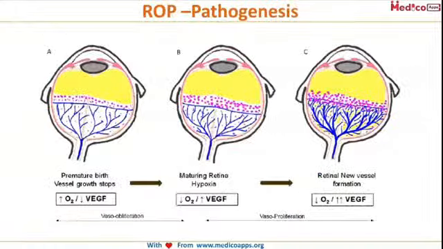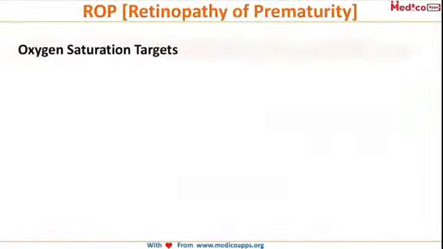Okay. Now, let's look at this picture. There is increased oxygen supply in the NICU, which causes hypoxia due to vaso-obliteration. So this results in increased supply of VEGF, and when there is VEGF, there are new vessels, and then there is your tractional RD. Now, let's look at some important stats that you will be asked in the exam, and you have to remember as well.